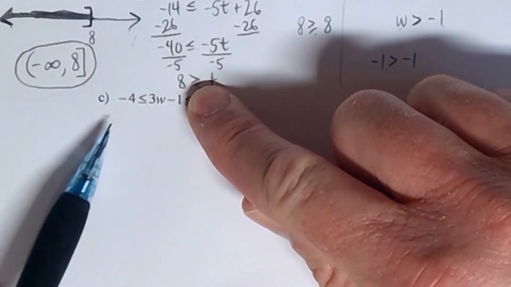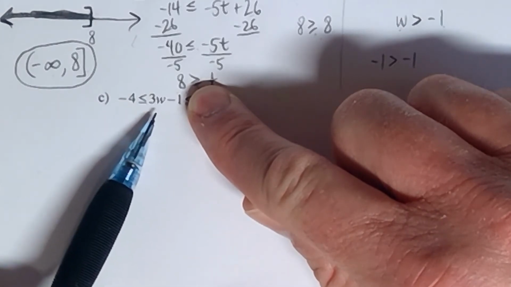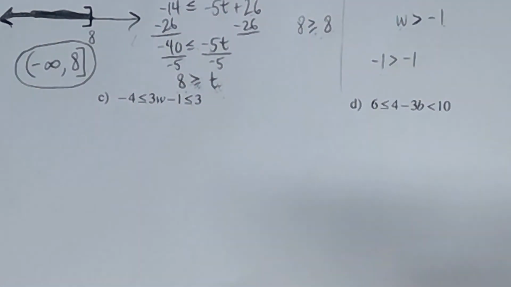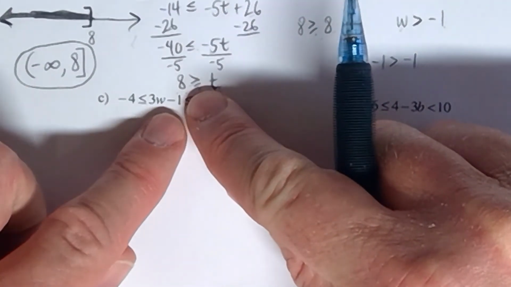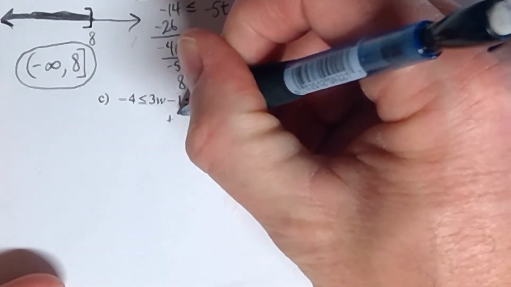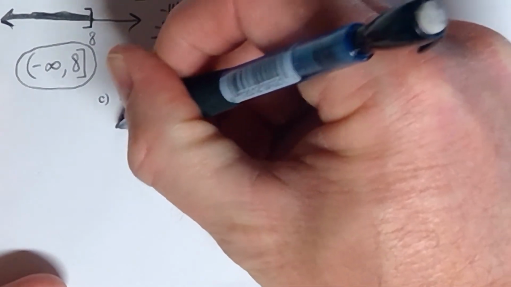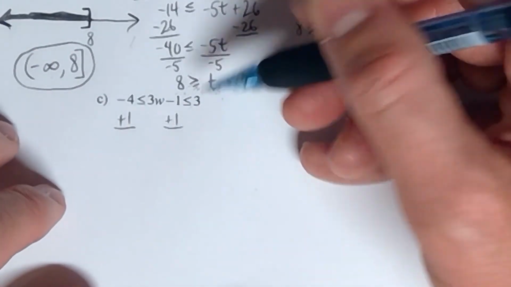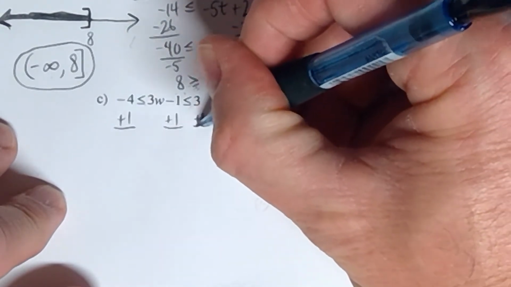Wouldn't you add the 1 over with the negative 4 and then divide out the 3 after that? You would, wouldn't you? My point, you guys, is that you take those same steps, adding the 1 and dividing by the 3, and you do that to all three parts. So you would normally do that on these two parts if the 3 wasn't here. So just do it to this part as well.